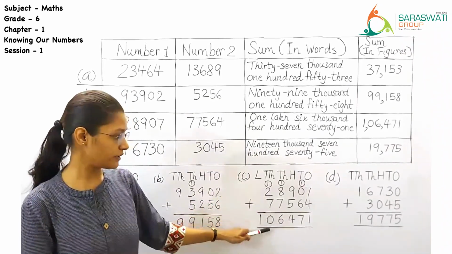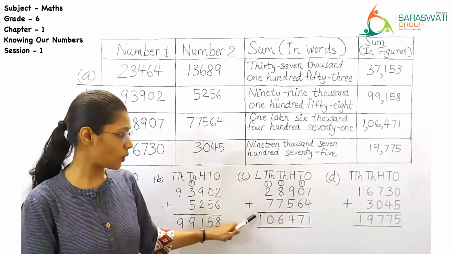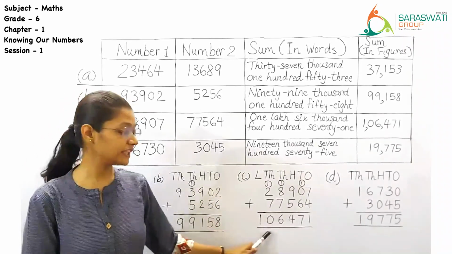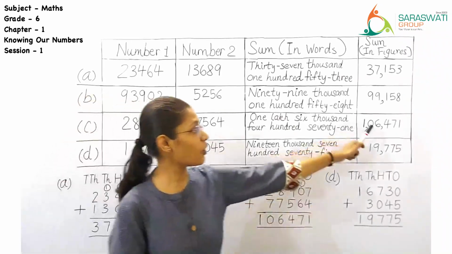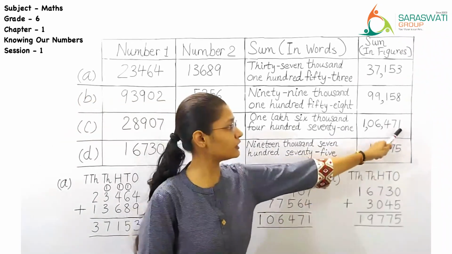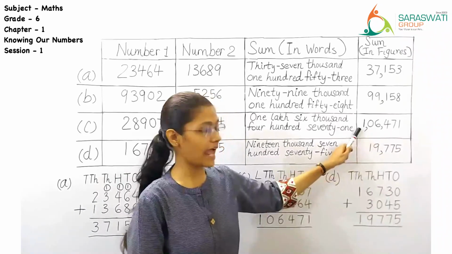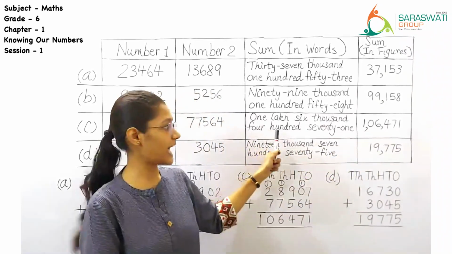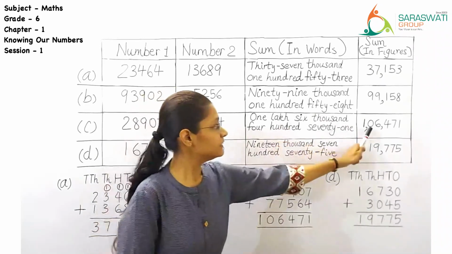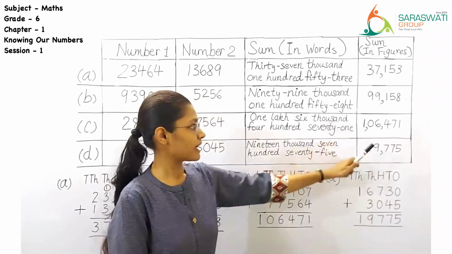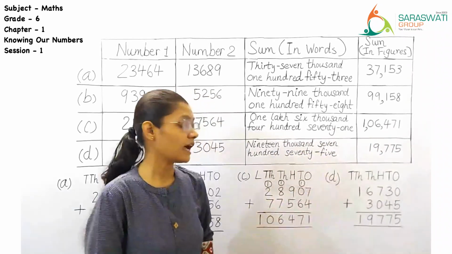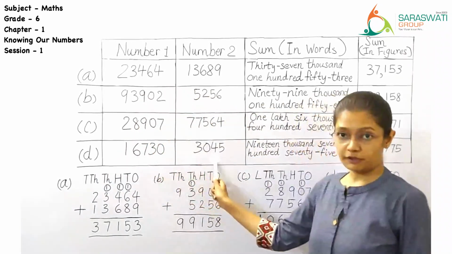So 0 over here under the 10,000s column and 1 under the lakhs column. And this sum consists of 6 digits and is written along with 2 commas to separate out the ones, thousands and lakhs periods. And this is written in words as 1,06,471.